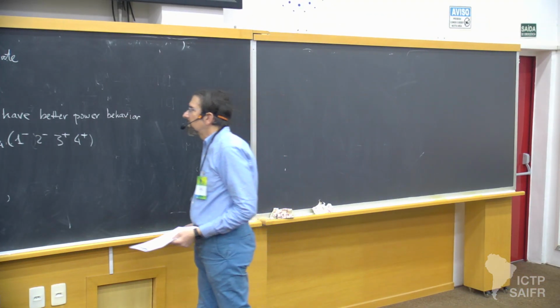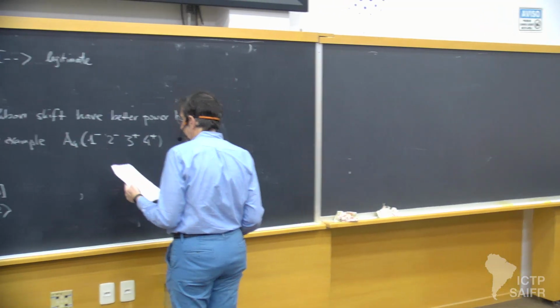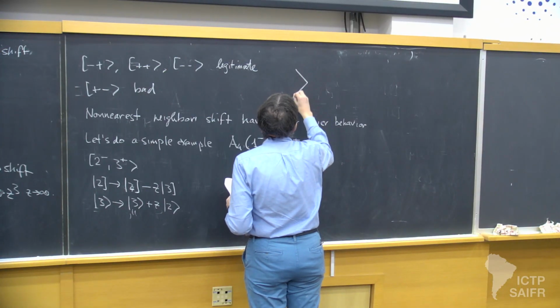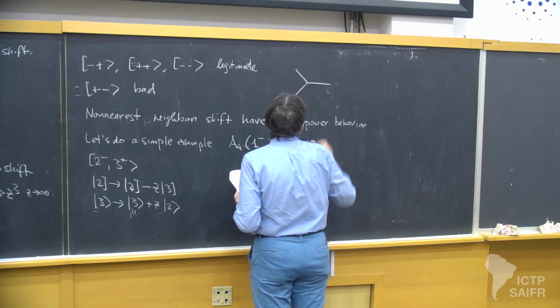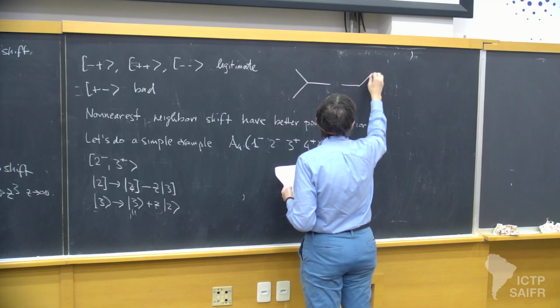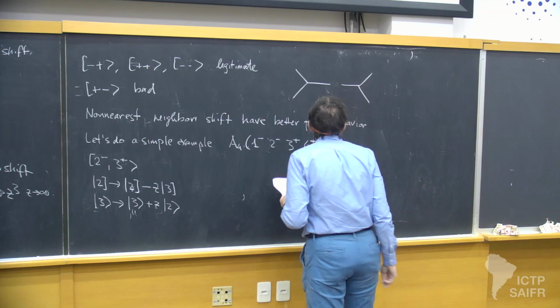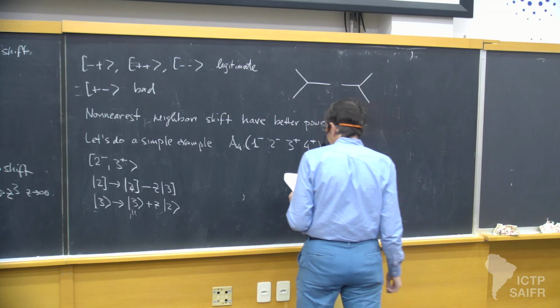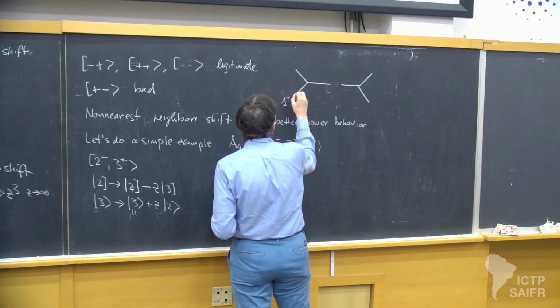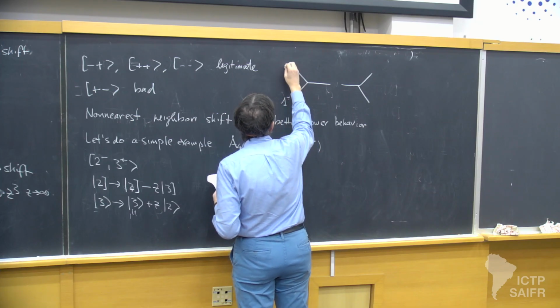So let's see here. Let me draw it up here. So these are neighboring shifts, and there's actually only one partition that we can make of 1, 2, 3, 4. That also reflects the fact that we're at very low multiplicity in perturbation theory.